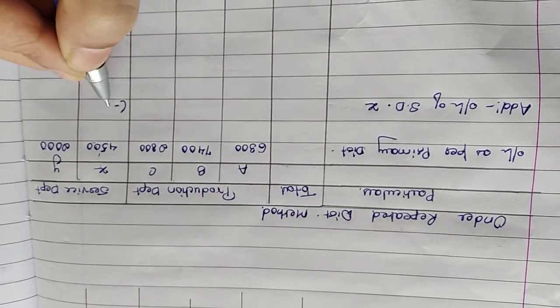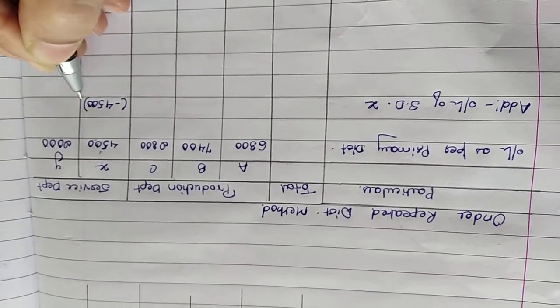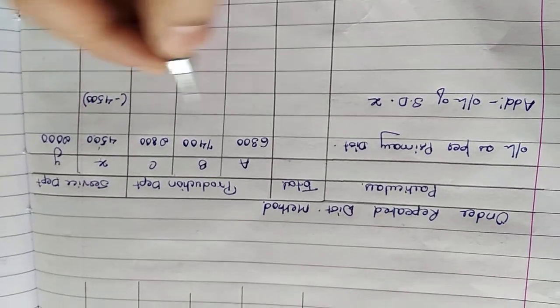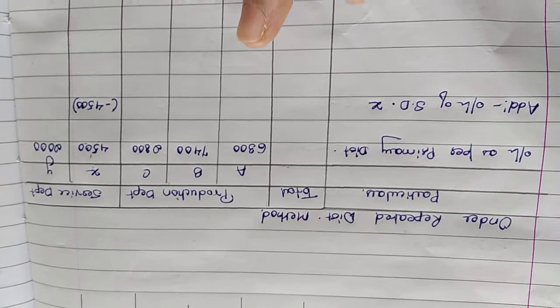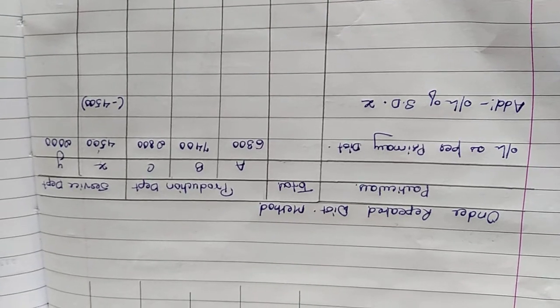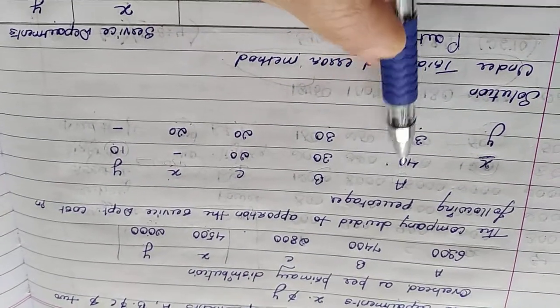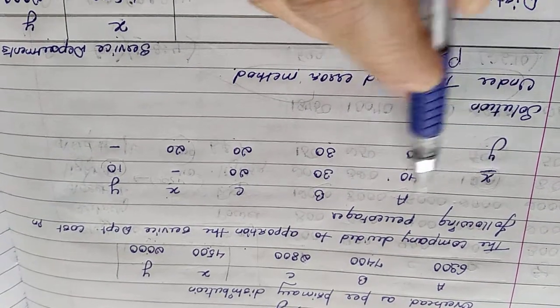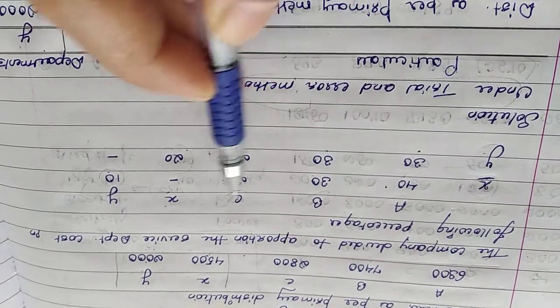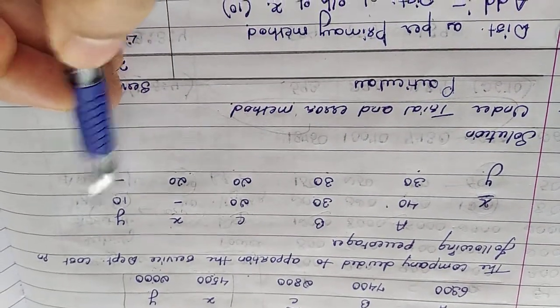So under that I will write minus 4,500, and I will share this 4,500 among all the remaining departments. They have given us the percentages on the basis of which we are supposed to share it: X gives A 40%, B 30%, C 20% and Y 10%.